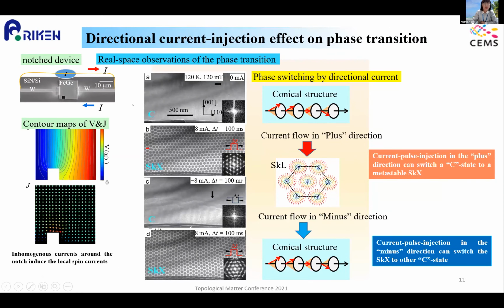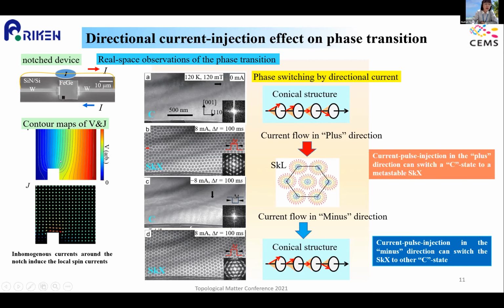We also found a directional current injection effect on the phase transition in the device with a notch hole. And why does this phenomenon occur? Because this notch hole can induce a local spin current. This local spin current is actually converted from the inhomogeneous current distribution, and we show this with this voltage and current density map.